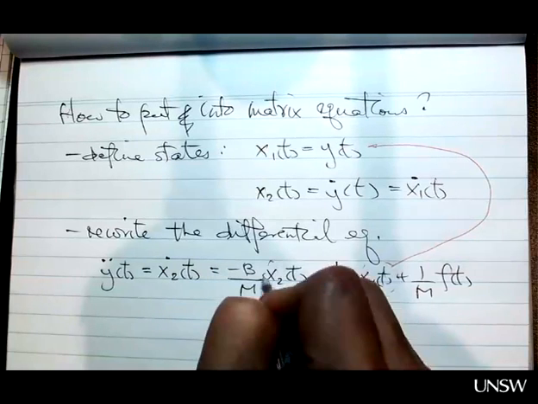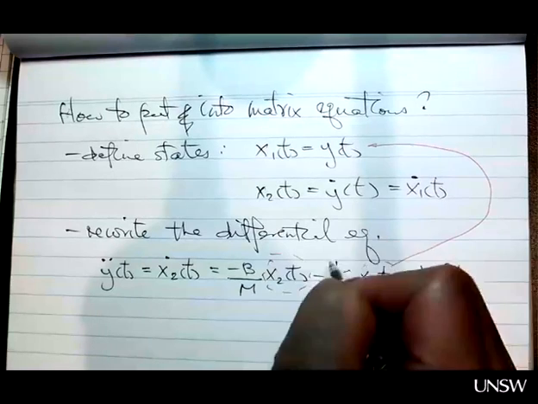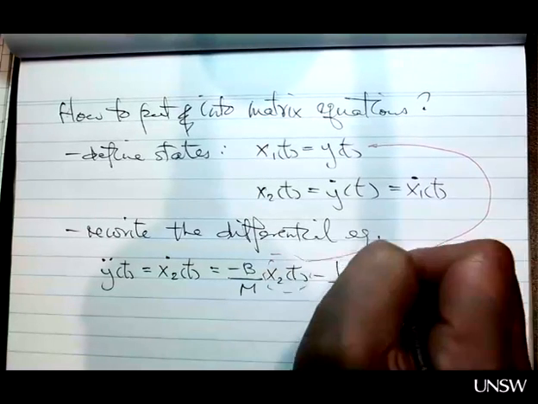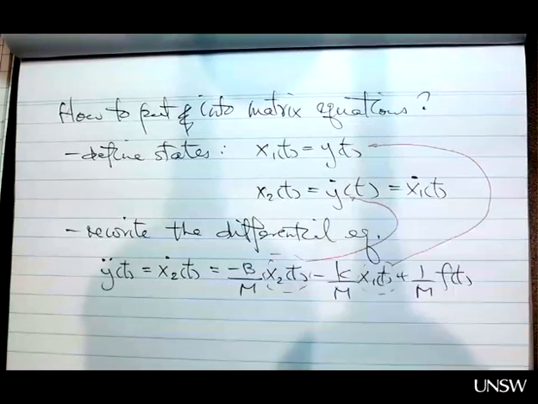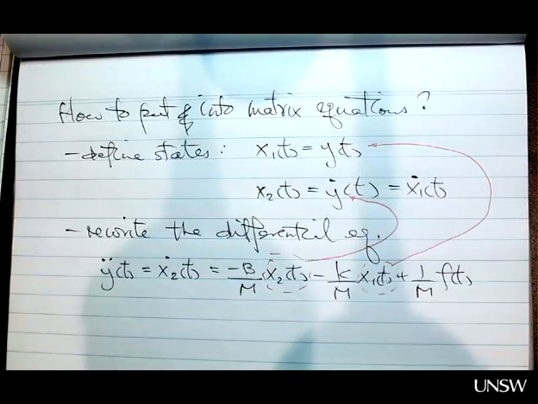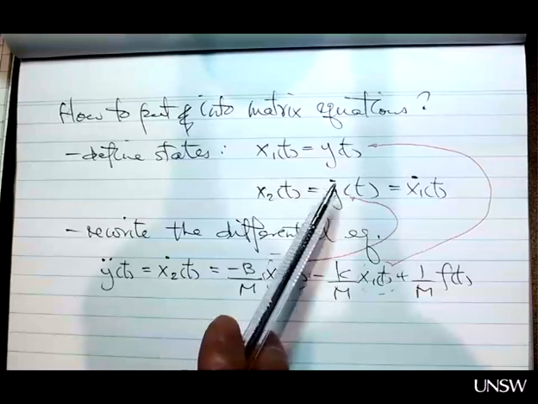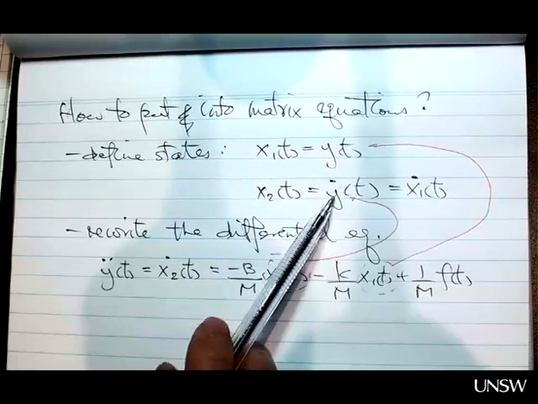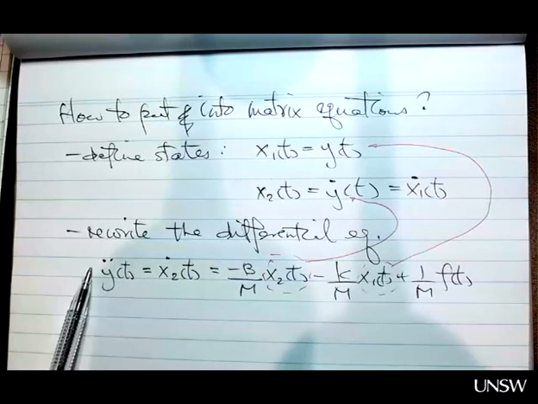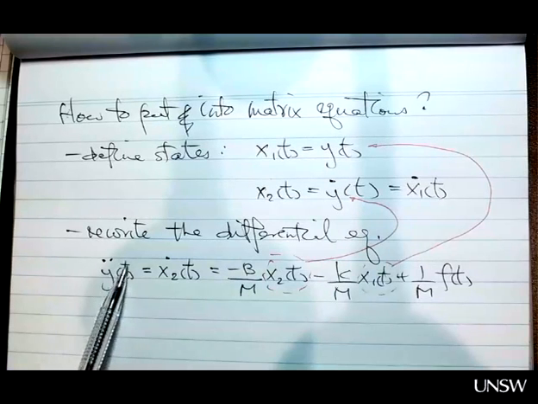And then for x2, in fact it is y dot. And if x2 is y dot, then of course x2 dot is an additional differentiation of y, so we have y double dot.